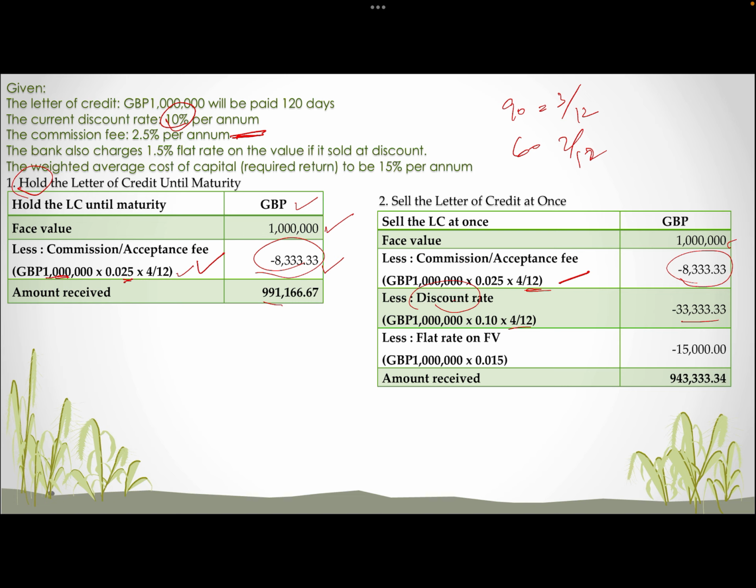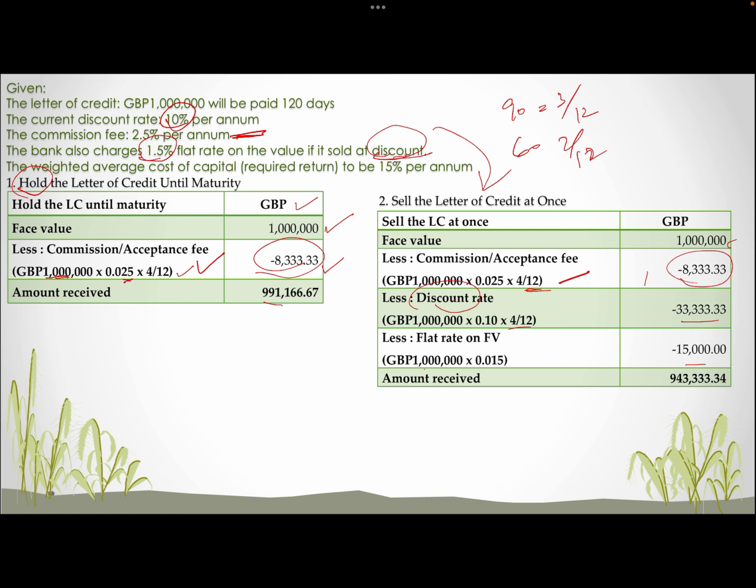After we calculate the discount, it is 33,333.3. And we also have the flat rate on face value. The bank also charges a 1.5% flat rate on the value if it's sold at discount. Discount means selling the credit at once. So 1 million times 1.5%, you will get 15,000.